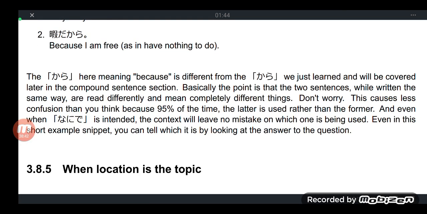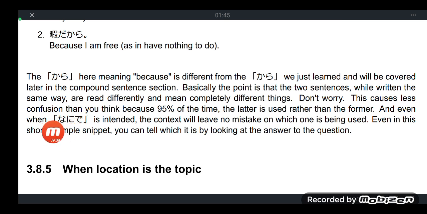So don't worry, this causes less confusion, because 95% of the time the latter is used rather than the former, because the kara most likely is for explanation or stating reasons.